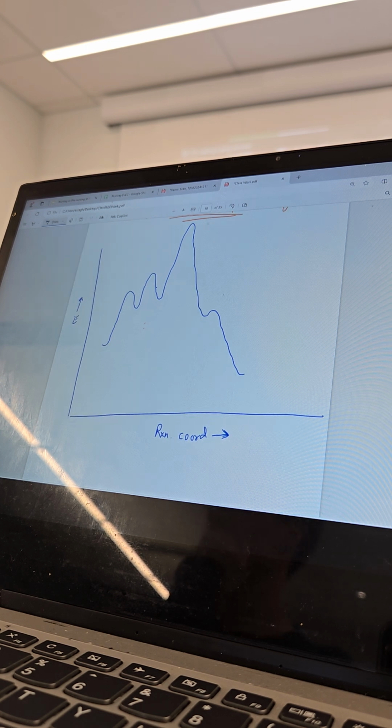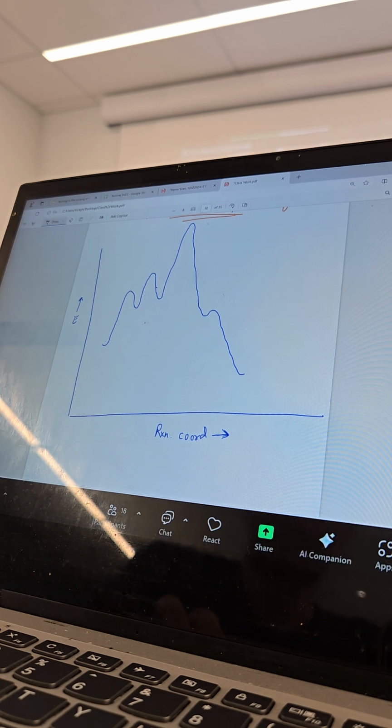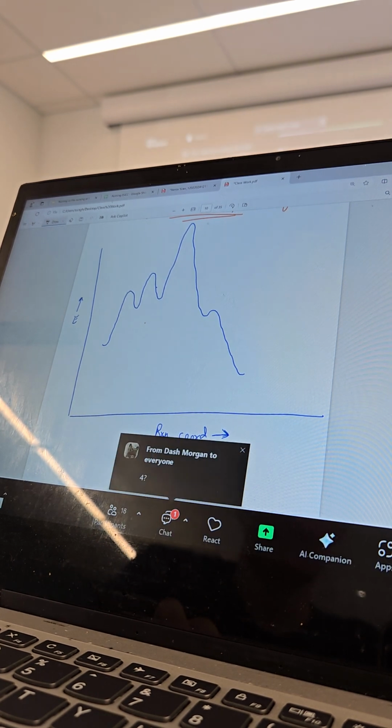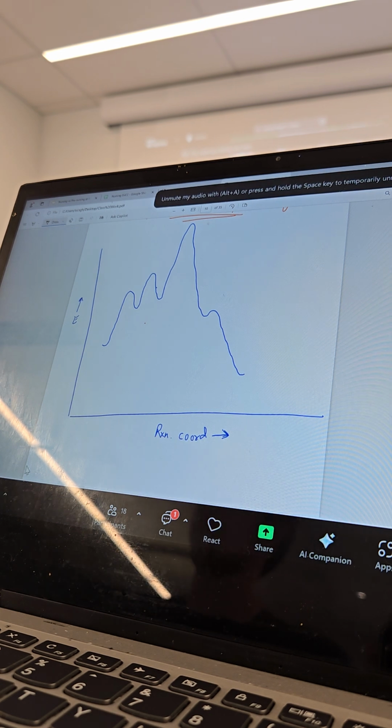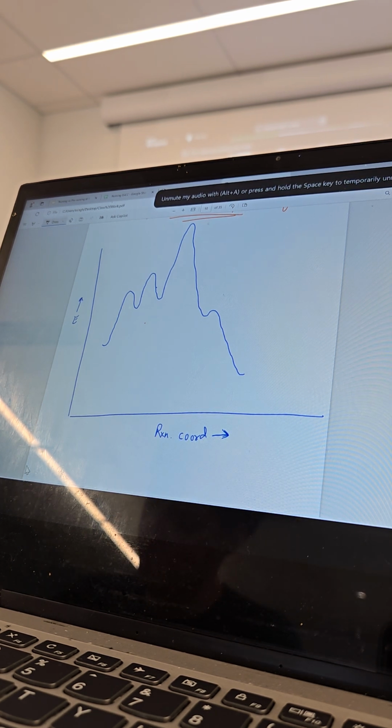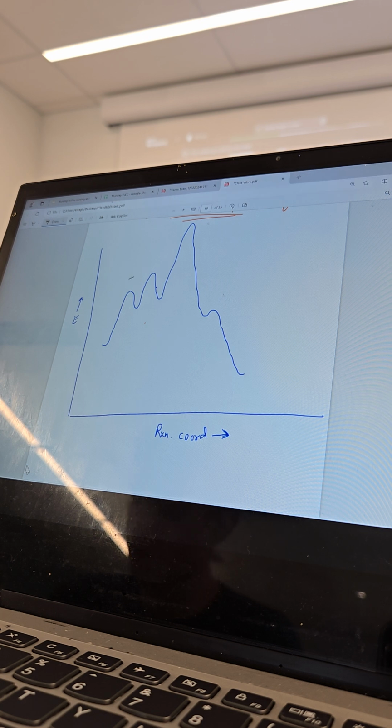First question I have is, how many steps are in the mechanism of this reaction? Anybody? 4. Do you all agree? Every step in the mechanism has its own energy diagram. Absolutely, Carter is right. This is step 1.